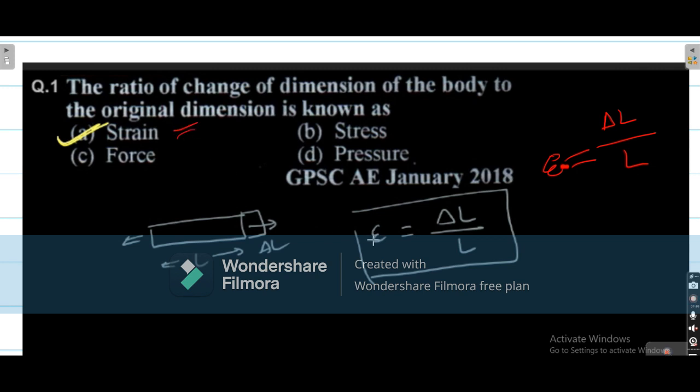Option A is stress, which is nothing but resisting force divided by area, whereas pressure is force per area, and force is mass into acceleration. So the correct answer will be strain.